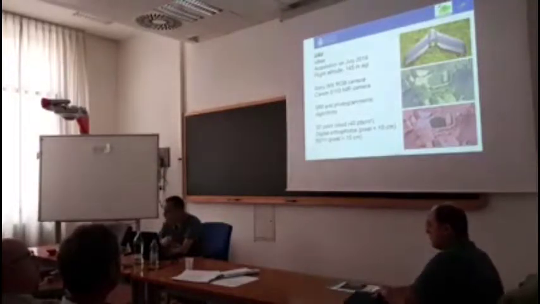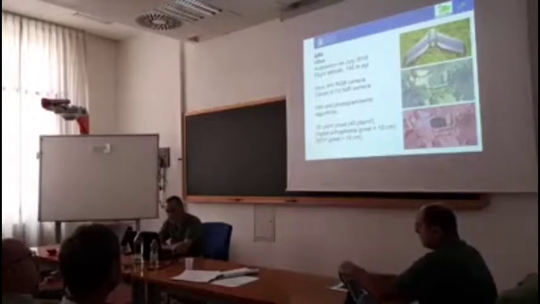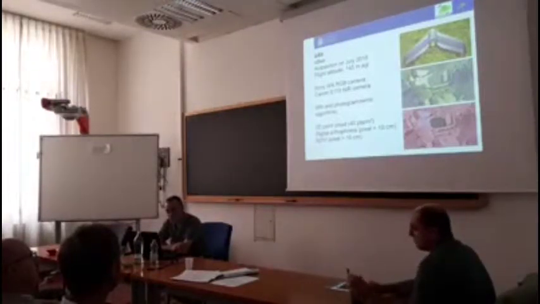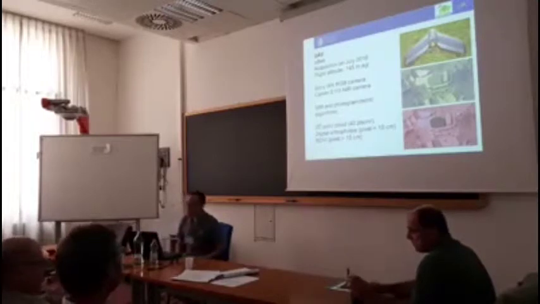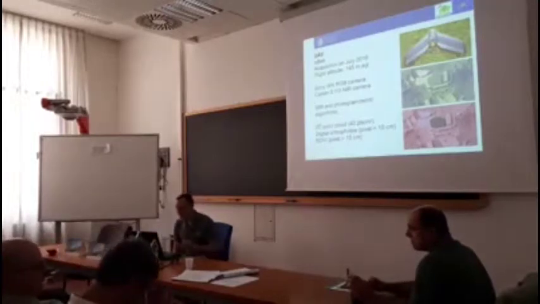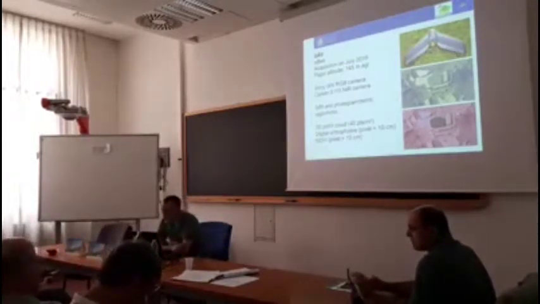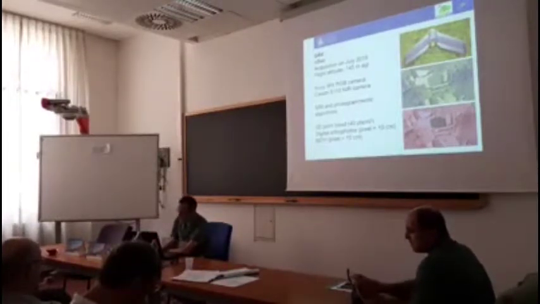The point cloud was normalized using the DTM, which was created with the point cloud acquired by the helicopter. In addition, we collected digital orthophotos with 10 centimeters spatial resolution, and again, using the images taken by the drone, we created an NDVI image.